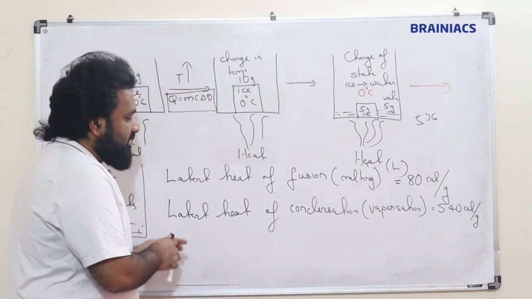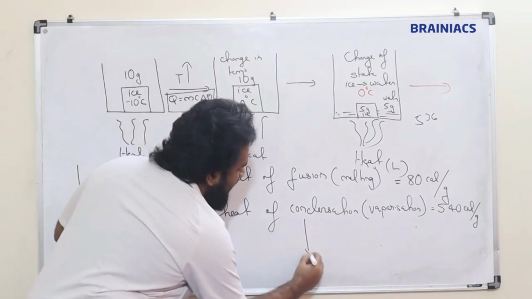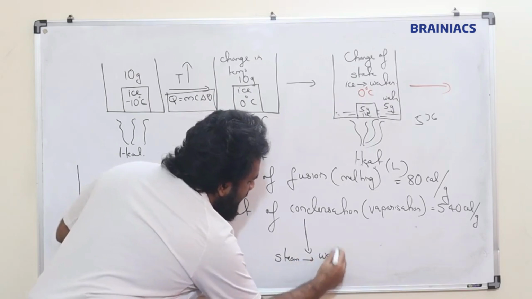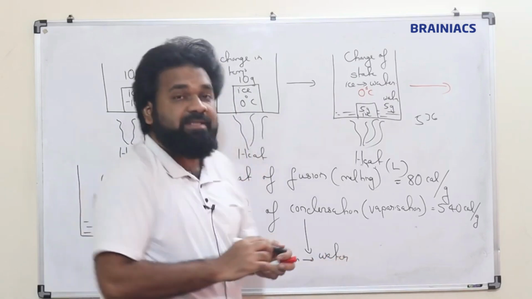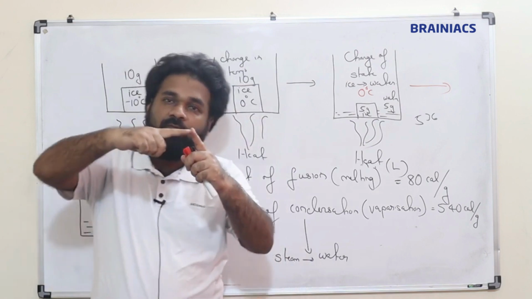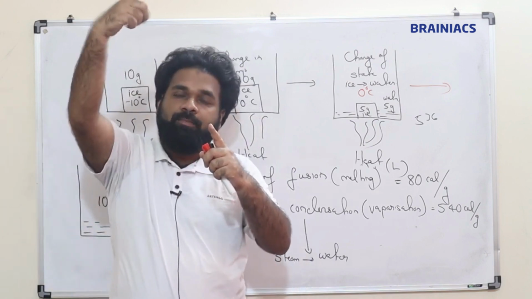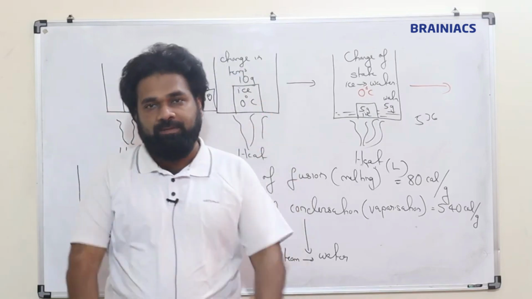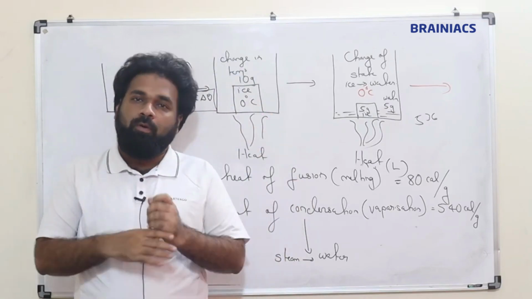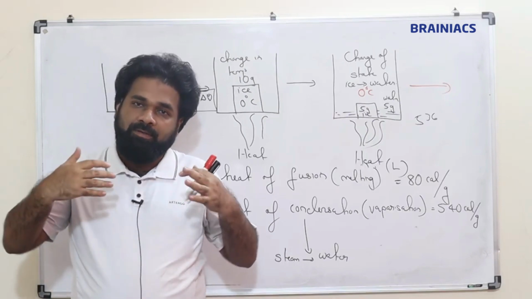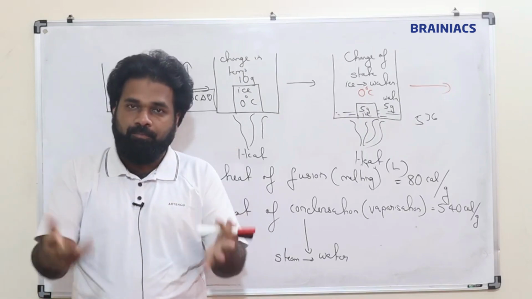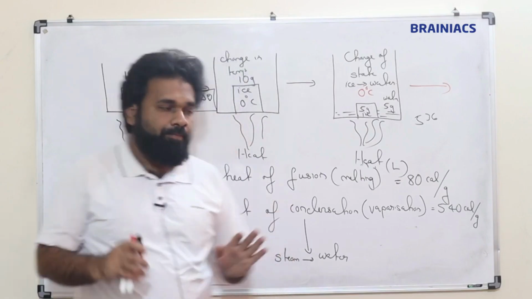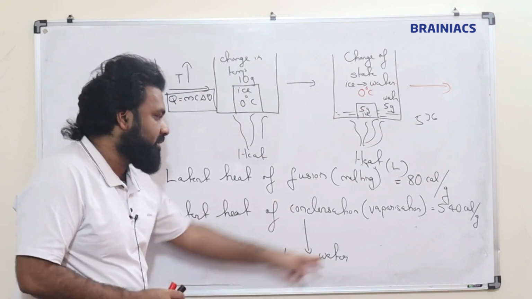So what is condensation? Condensation is nothing but when steam is converted into water. Just like water is converted into ice, same way steam can convert into water by eliminating energy, by rejecting energy, or by taking out energy from it. So this is condensation, steam to water.